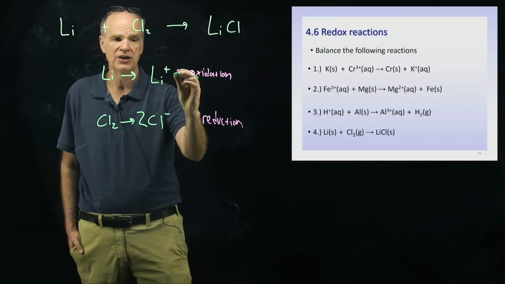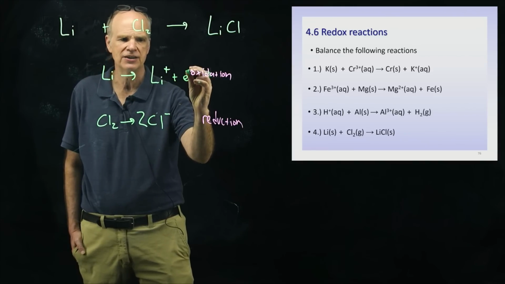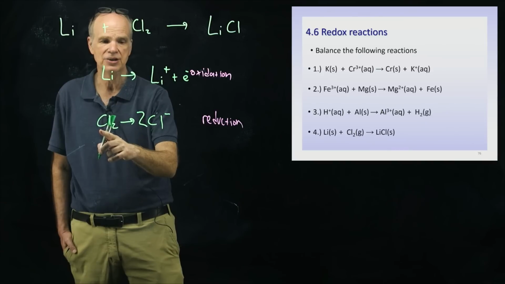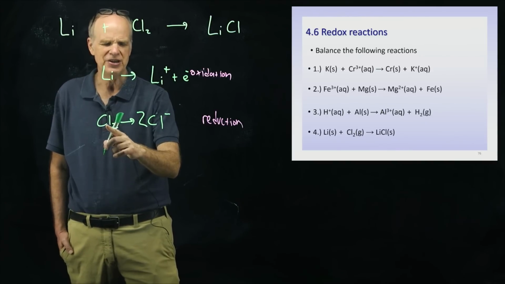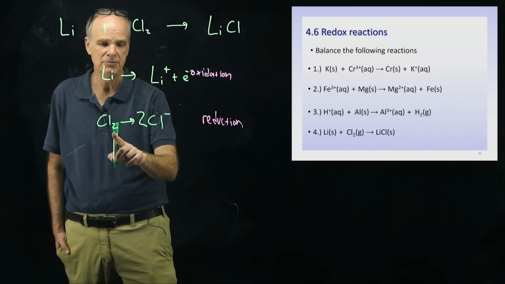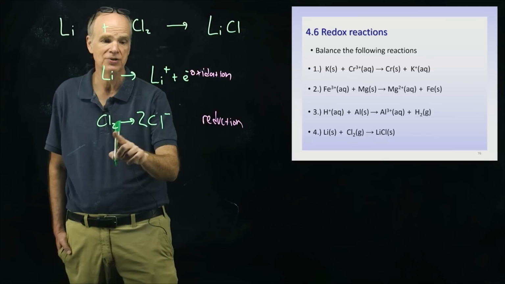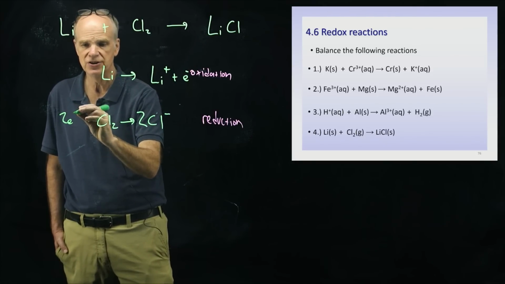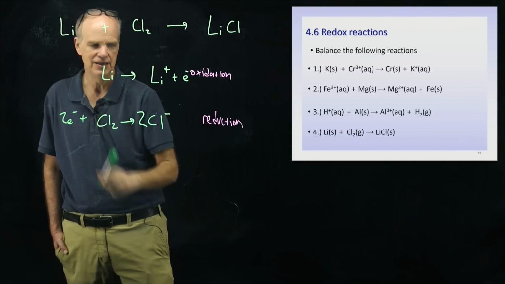It looks like it's losing electrons, so I'm going to write an electron like that. And then with the reduction reaction, this is a little bit trickier to see. In this half reaction, you can see there's 1 molecule of chlorine, but there are 2 chlorine atoms here that need to pick up 2 electrons to become 2 chloride ions. So I'm going to write 2 electrons like that, okay?